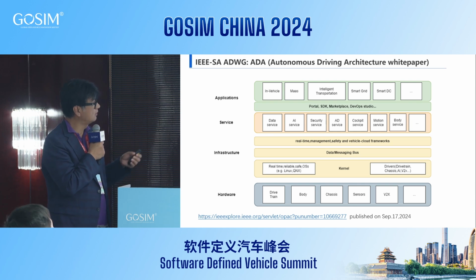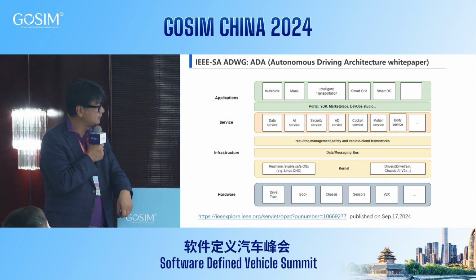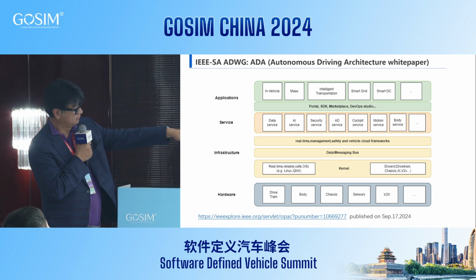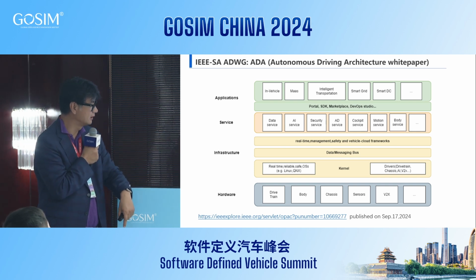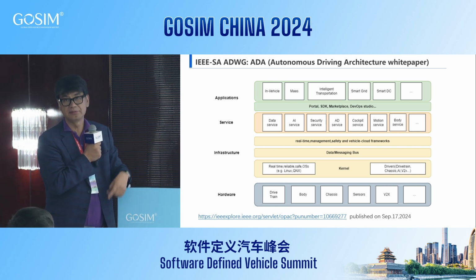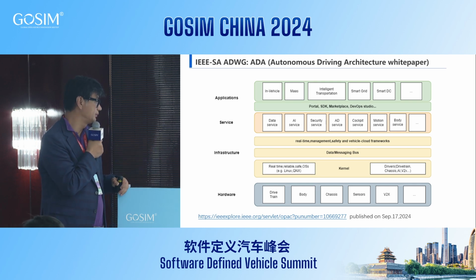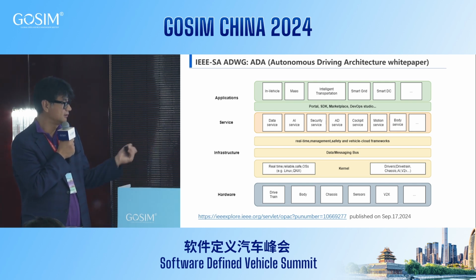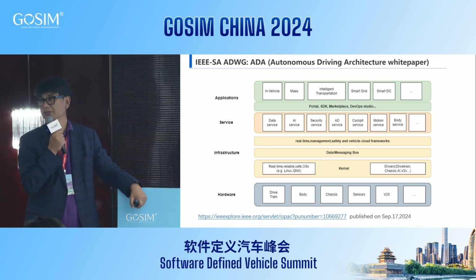So that's our overall white paper. Down the layers there is different hardware. I encourage people to take a look. It's a white paper you are free to download, and free to give us comments.